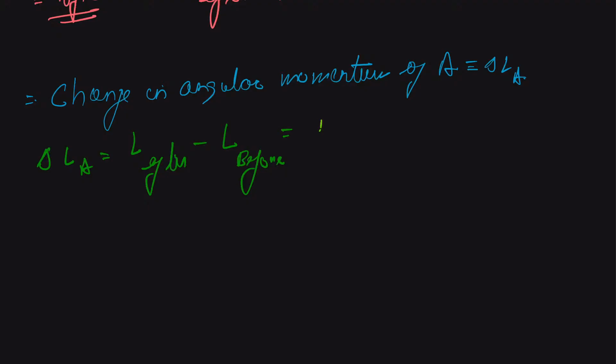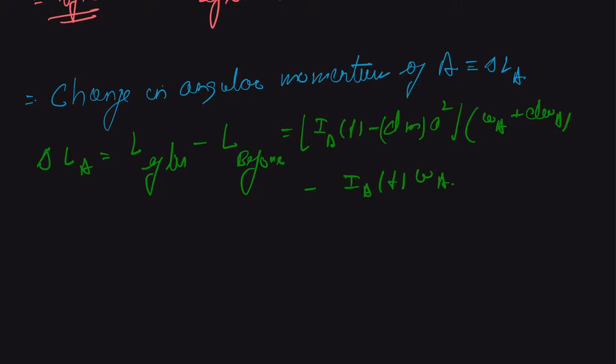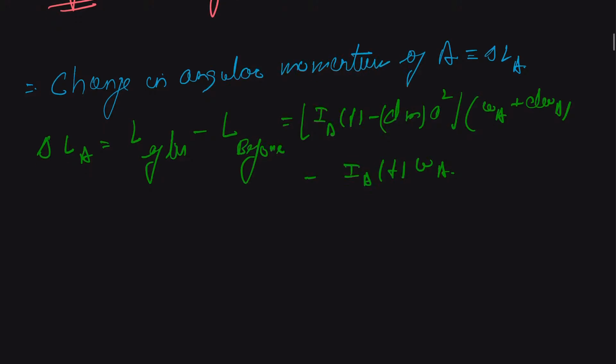After was IA of t minus dm a squared, times omega A plus d omega A, minus IA of t times omega A. Now if we open the bracket, there will be a term dm multiplied by d omega, which we can ignore because the product is a very small value.